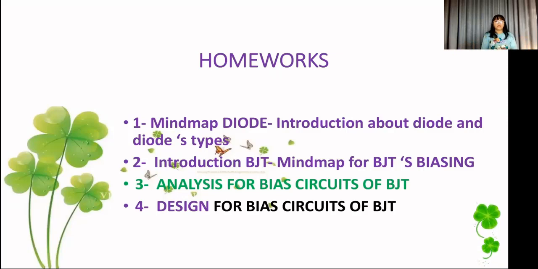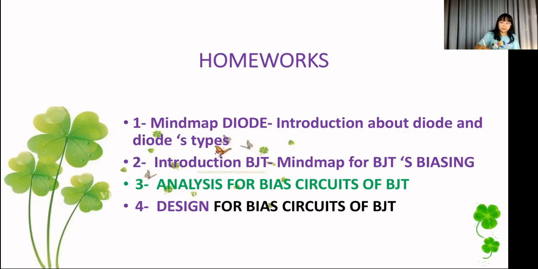Okay, and the second, we have already introduced the BJT transistor. The mind map for BJT biasing: after today, you should write down in your textbook the mind map for BJT biasing. We have two kinds of BJT biasing.